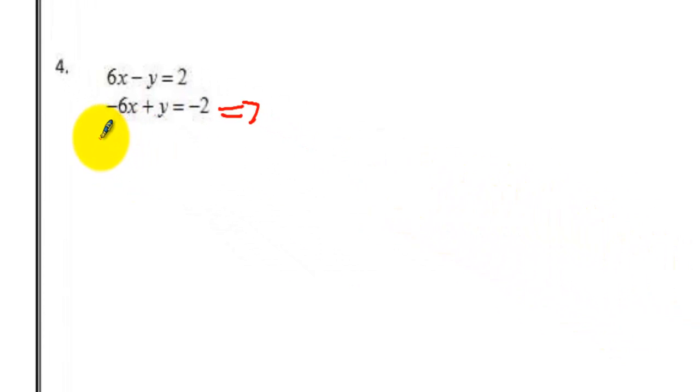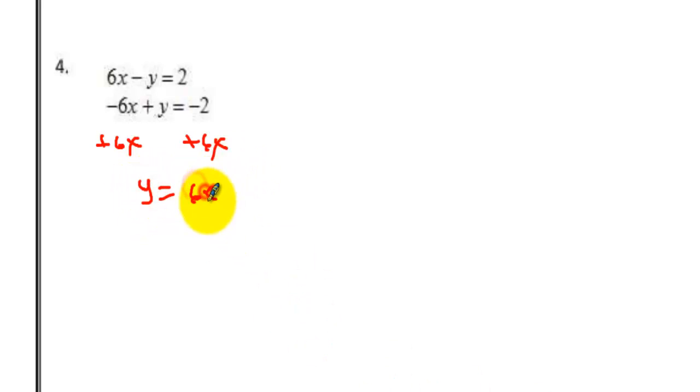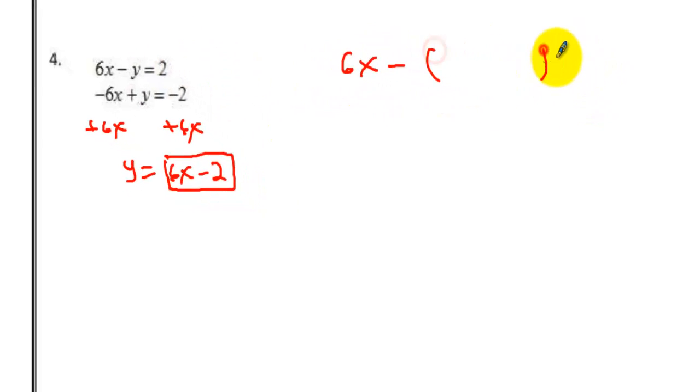So here I will just add 6x to both sides. We are going to get y equals 6x minus 2. Okay, so this value of y came from the second equation. We are going to use this and plug it into the other equation, which is the first equation.